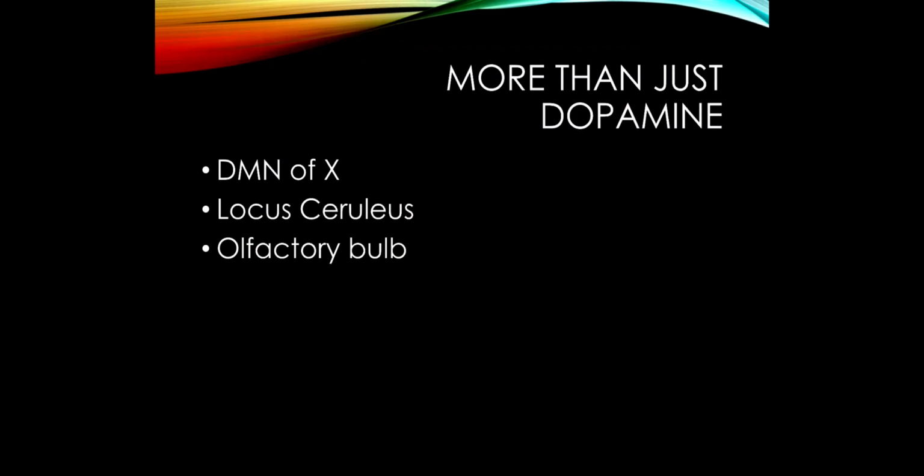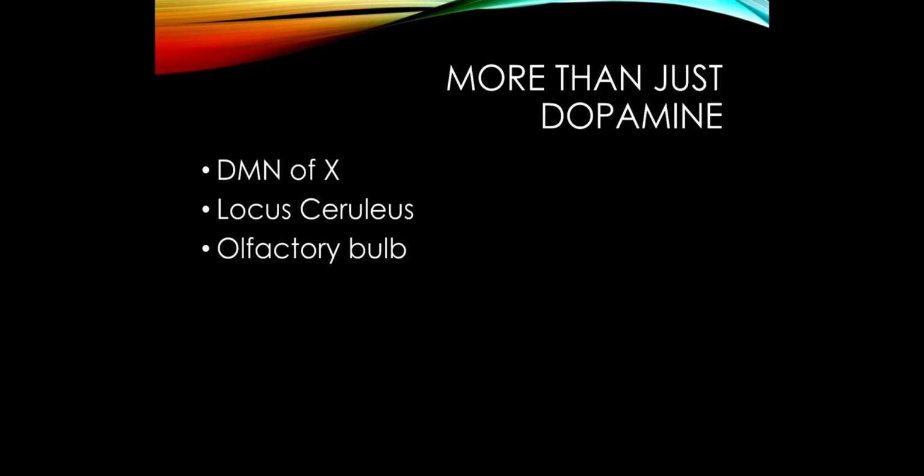All right, it's overly simplistic to say that Parkinson's is just a result of a loss of dopamine, because actually we have other areas of the brain that degenerate as well. The dorsal motor nucleus of the vagus degenerates quite early in Parkinson's. Now remember, that's parasympathetic output to your GI tract.